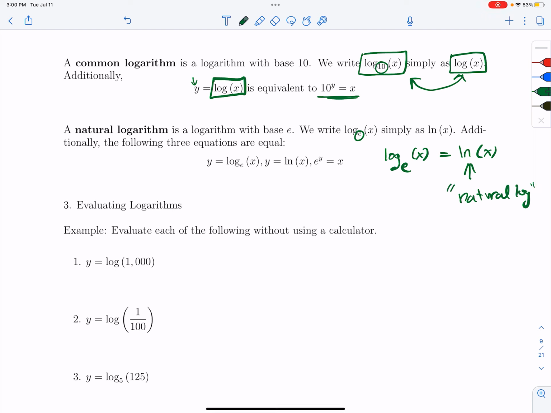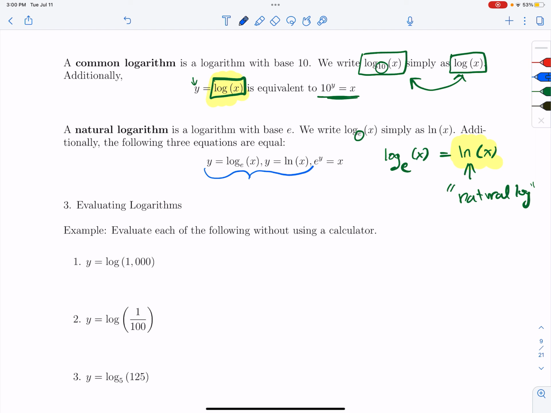So in the same way that log of x has an implied base, which is 10, ln of x has an implied base, which is e. All right, and then we can see how those get converted. Log base e of x is equal to ln of x, which is equal to e to the y is equal to x.